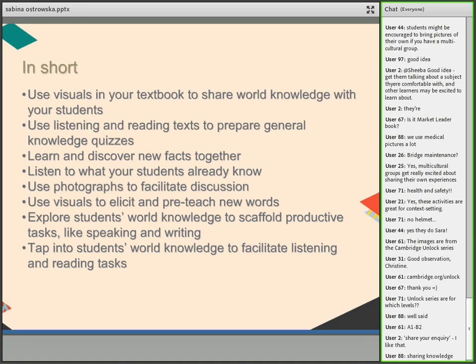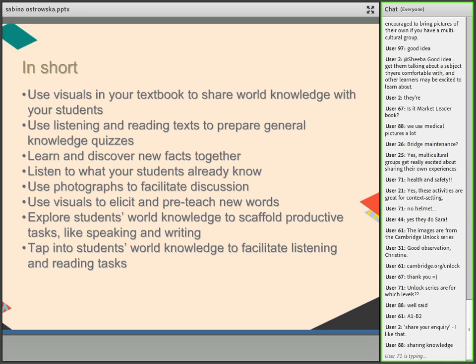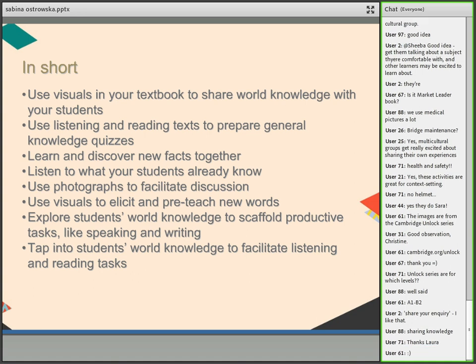Because we really learn a lot of the world knowledge in an informal way. We learn a lot from our friends, by listening to the stories that our teacher tells us, but informal stories, not a lecture. We use listening and reading texts to prepare general knowledge quizzes. They are kind of fun, and they help students consolidate what they've been doing in the classroom.